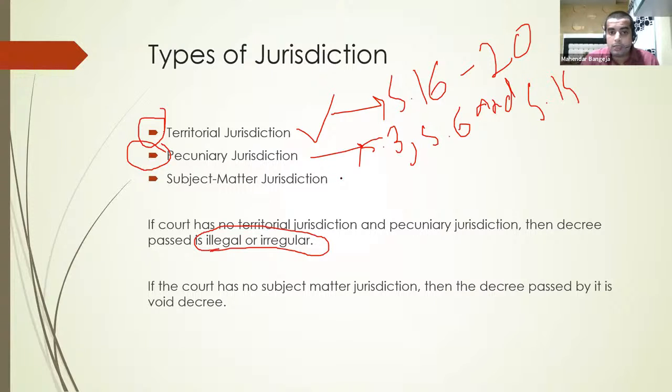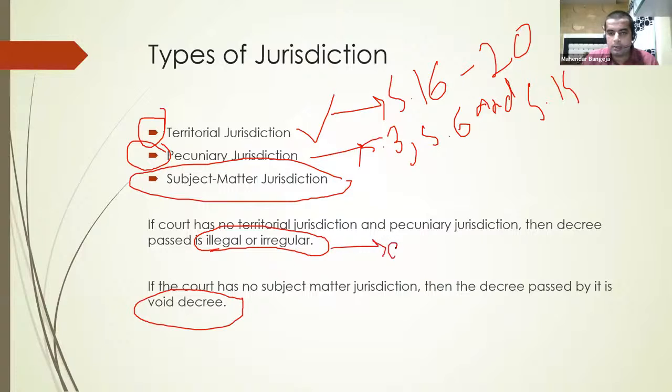But if the court has no subject matter jurisdiction and it still passes the decree, then the decree will be void. Now, an illegal decree you can set aside in appeal, but a void decree you can set aside by filing a separate suit also. Clear?